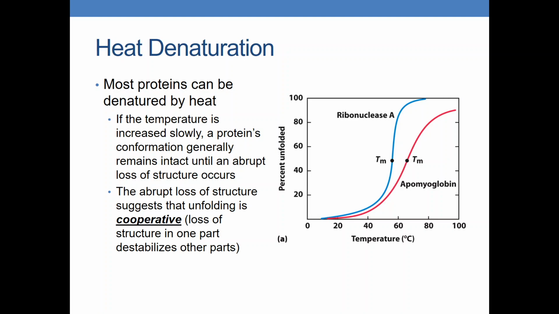As we talk about heat denaturation, most proteins can be killed, denatured, by heat. Protein structure is stabilized by a network of non-covalent interactions, where each individual interaction, think about the hydrogen bond, for example, equates to roughly 1 kcal per mole of free energy.